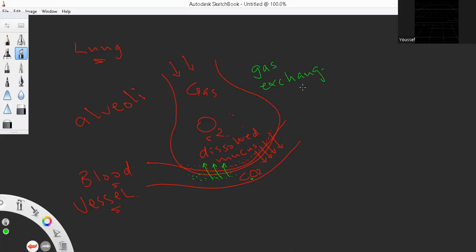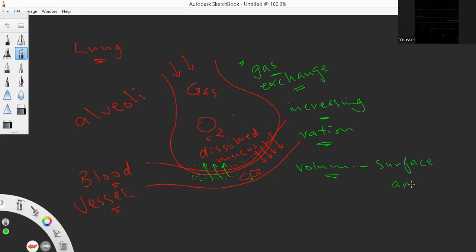What helps this process? The increasing ratio between the volume and surface area.